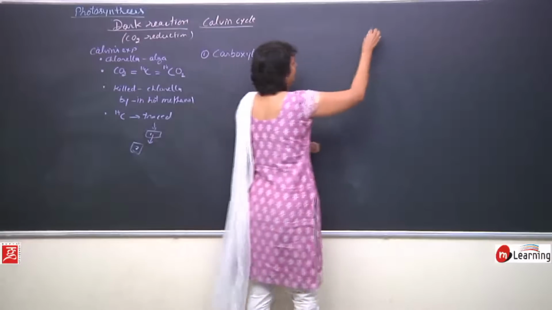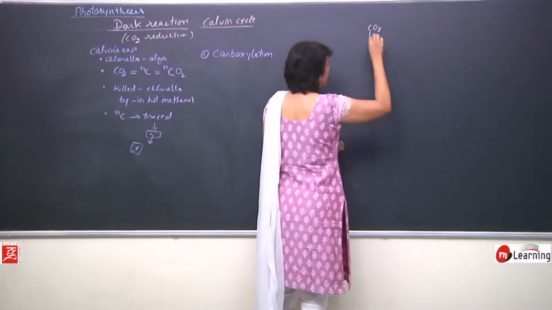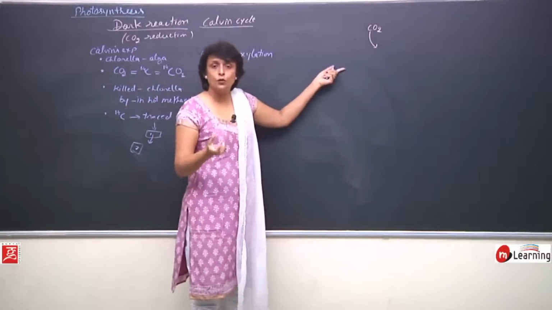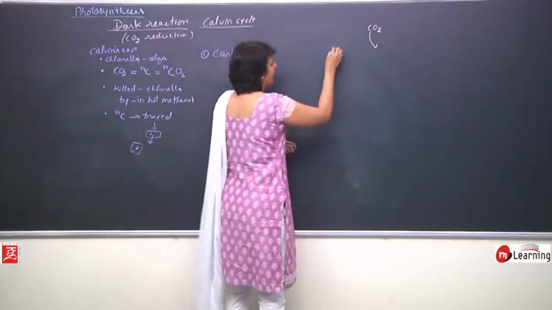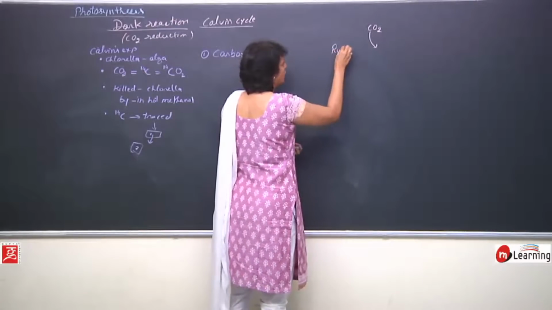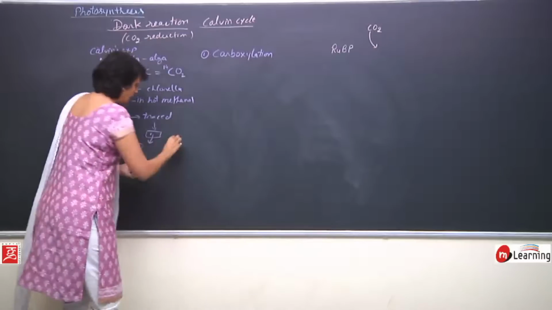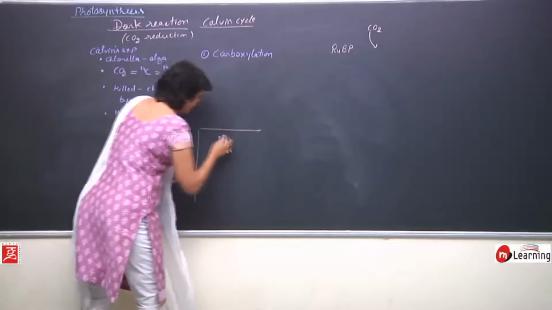So, this carbon dioxide is now utilized. There has to be a molecule which is going to receive or accept this carbon dioxide. That molecule is RuBP, ribulose bisphosphate. Let us write down these abbreviations here.